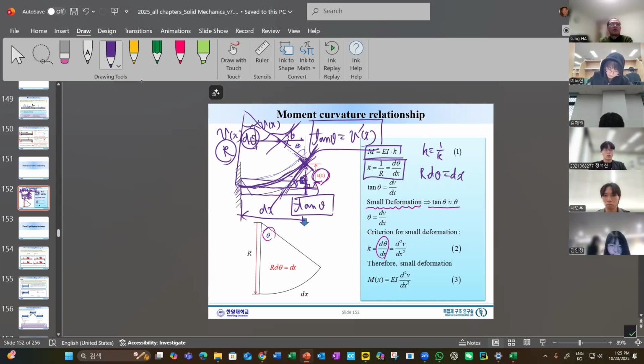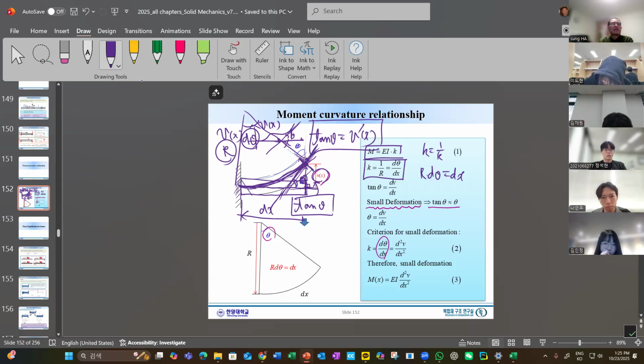Now here, very importantly, the assumption is that this is the deformed shape after deformation. But we do know that this neutral axis would not stretch or contract.